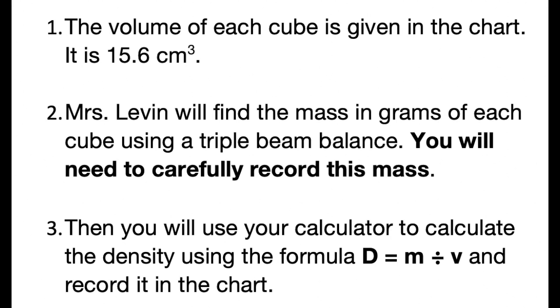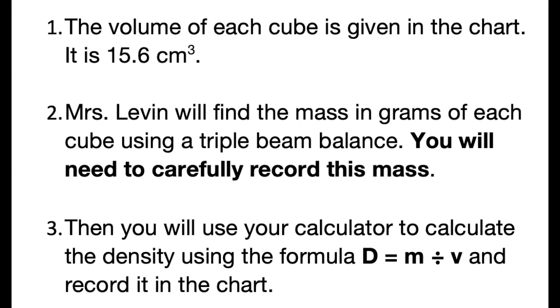You will need to carefully record your mass in the chart. Then you will use the calculator to calculate the density using the formula that we already told you. The formula for density is density equals mass over volume, or simply D equals M over V. Then you will record it in the chart.